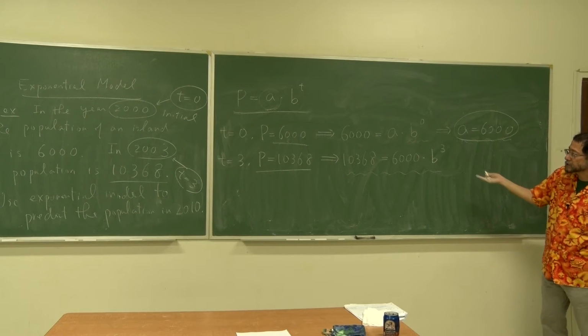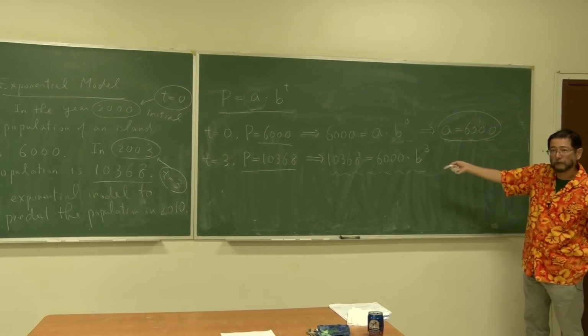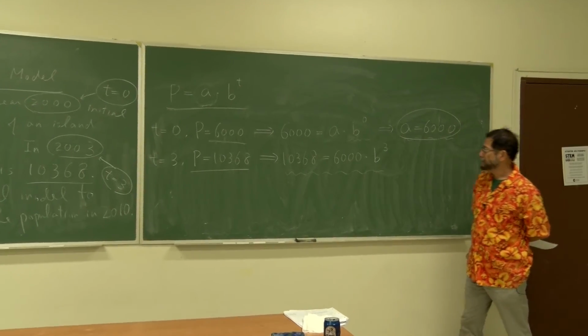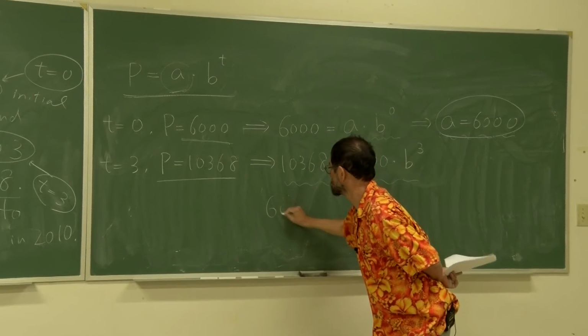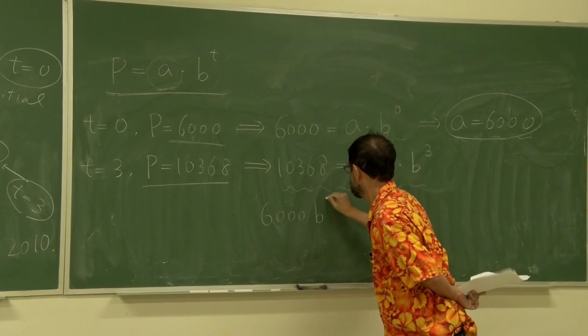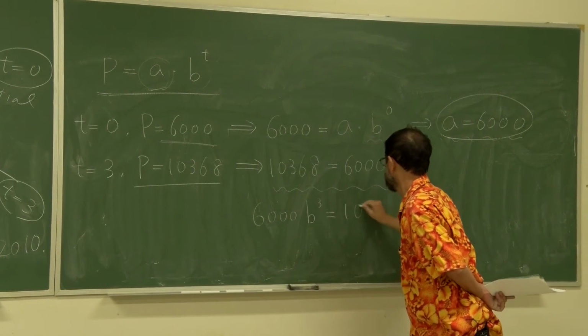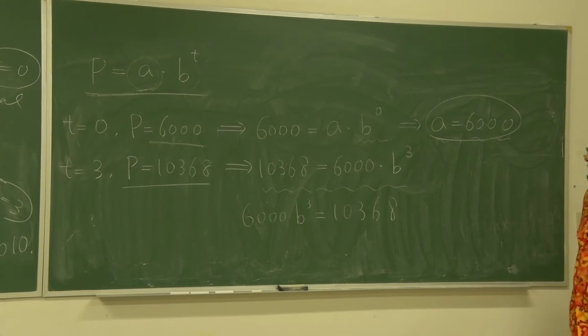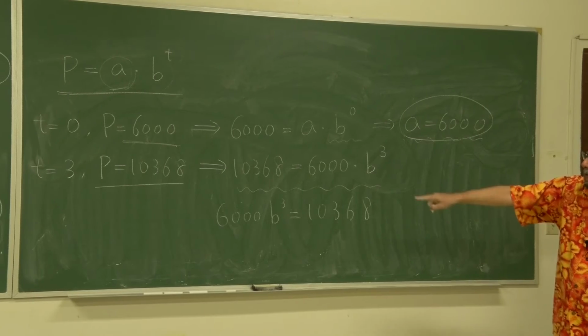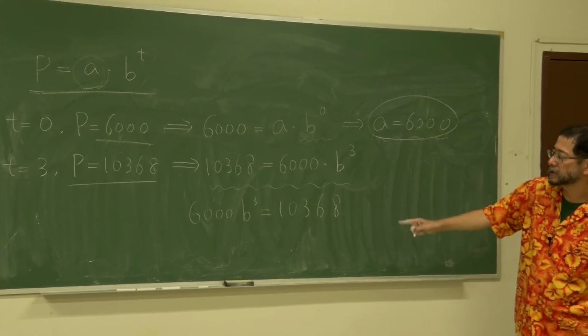What you have to do is to use algebra to solve this for b. So 6,000 b cubed is equal to 10,368.